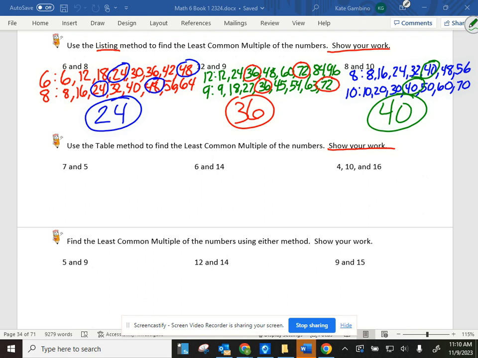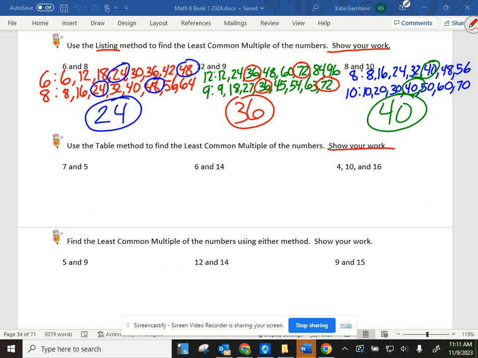Listing makes sense? Okay. So now it's the table method. So let's see how we use that table method. We used it for our greatest common factor. Now we're going to use it again, but we're going to add to it for the least common multiple. So up here, remember we had the two numbers that we're starting with.